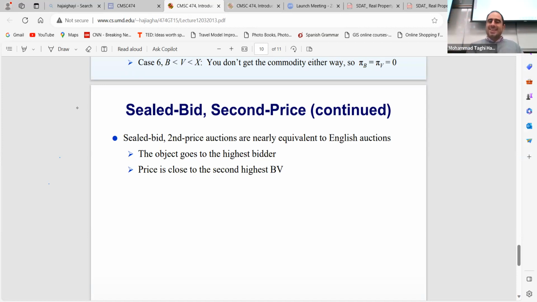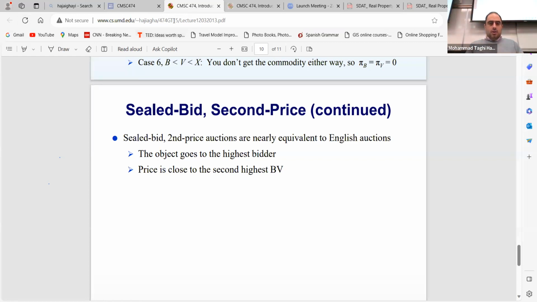But in that sense, they are the same: the object goes to the highest bidder, and the price is close to the second highest bid. If there is no one else, you just go a little bit up and no one wants more. Maybe your actual valuation is much higher, but because there is no other competition, you will win it in the English auction. So in that sense, these are the same.